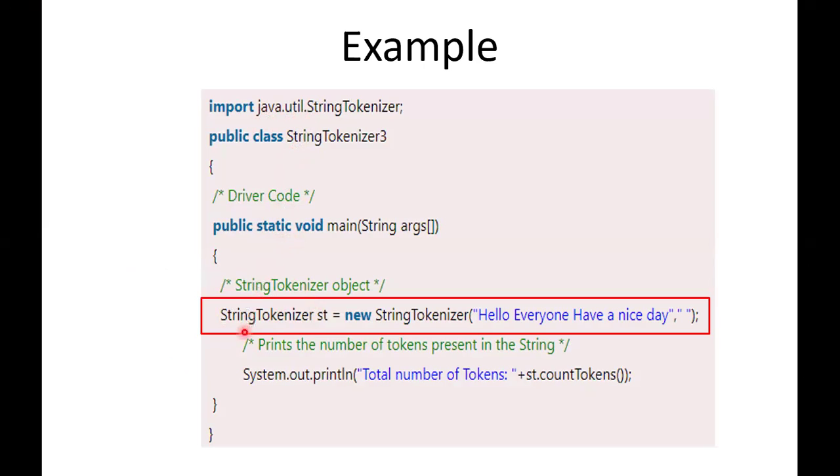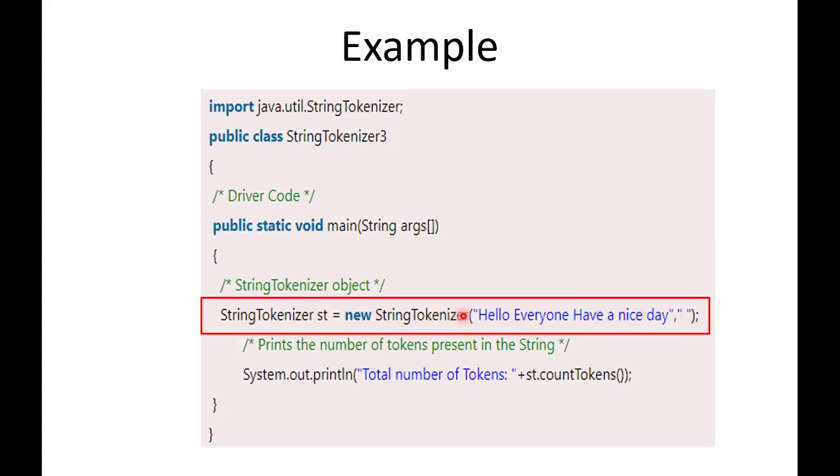Then here we are doing class instantiation, which is nothing but object creation. StringTokenizer, then some object name, which is a user-defined name, any valid identifier, equals new, the dynamic memory allocation operator, StringTokenizer, again the class name, but as a whole this is a constructor.